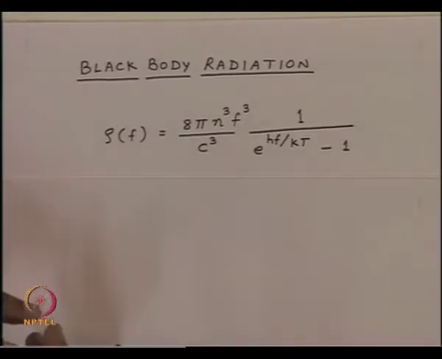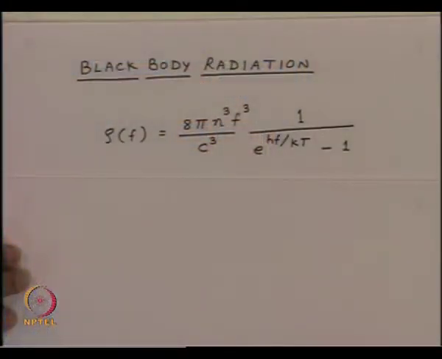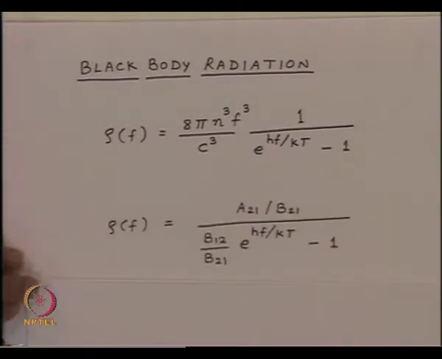So, when these three processes were proposed, the black body radiation expression was well established. So, it was then straightforward to just compare these two expressions, one which is the black body radiation expression, Rayleigh-Jeans law, and the expression which you have derived by balancing these three processes.